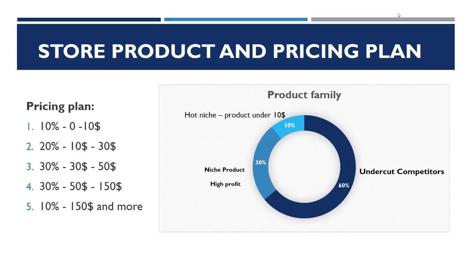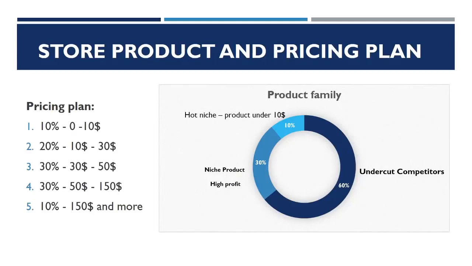First of all, we will start with the product family, okay? It's more important for beginners, but it's for everyone, we need to make sure which kind of product we put in our store, okay? We cannot just put the same kind of product and hope to have sales. So we need to manage to have a product plan, okay?